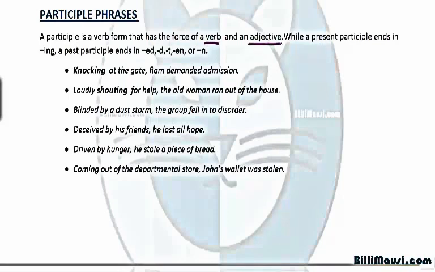While a present participle ends in ing, a past participle ends in ed, d, t, n or en. For example, learnt, written, or the most common one, ed, received, for example.